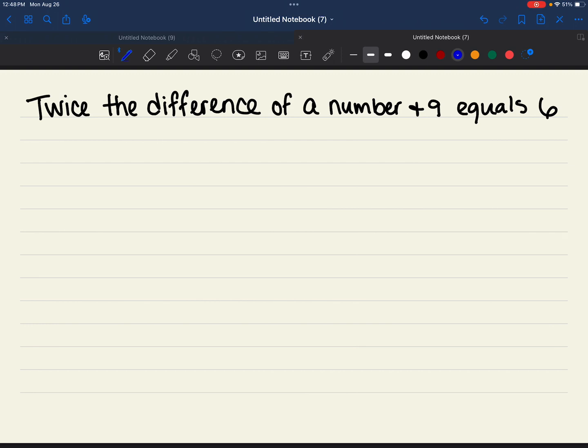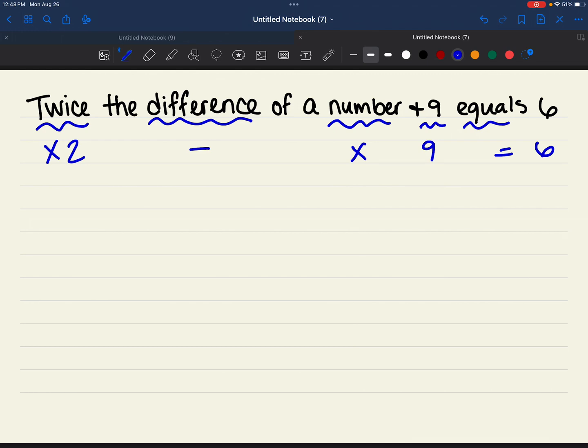So just tell me things that we see that we know we're going to have to use. Twice means times 2, okay? Then what? What does difference mean? Subtract. We're subtracting two things. So what are we subtracting? What do we call this number? X, that's fine. And 9. We know the last part equals 6.